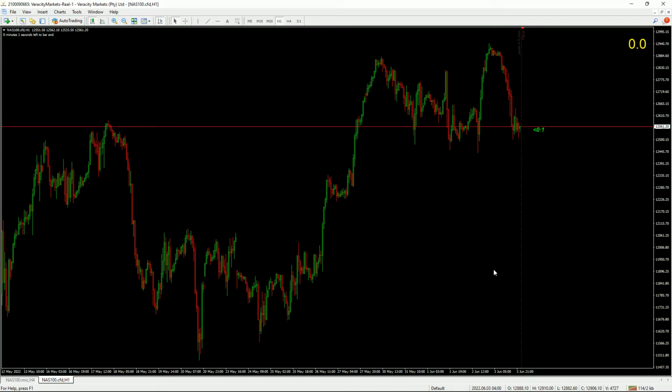So without any waste of time, guys, let's just go on. This is how you do it whenever you want to kill NASDAQ. Me, I'm using a pure price action strategy, where I look at what the price is telling me. I trade supply and demand, and I also trade support and resistance.